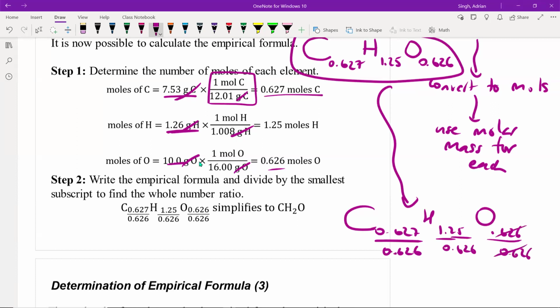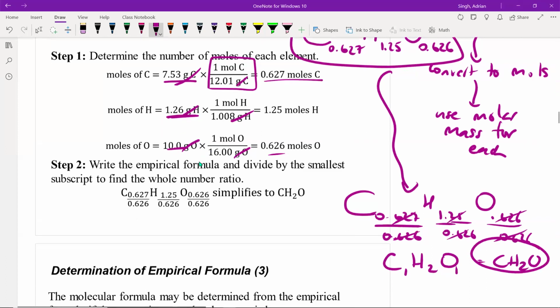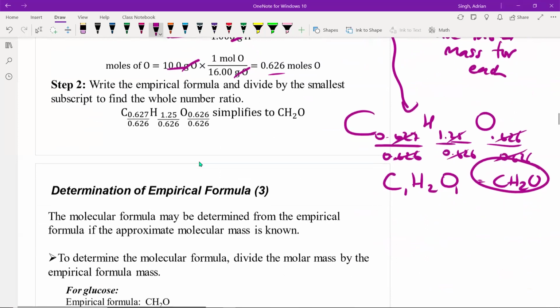Obviously this cancels, that gives me 1. This is going to give me 1 as well. This one here is going to give me 2, so I end up with C1H2O1, which is the same as CH2O, the simplest whole number ratio, which is your empirical formula. So that would be the empirical formula for glucose.